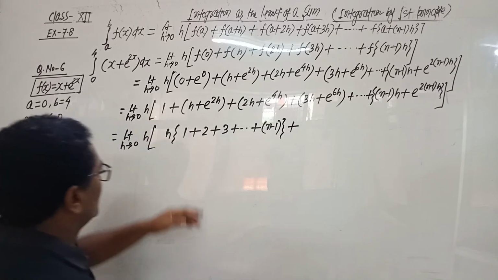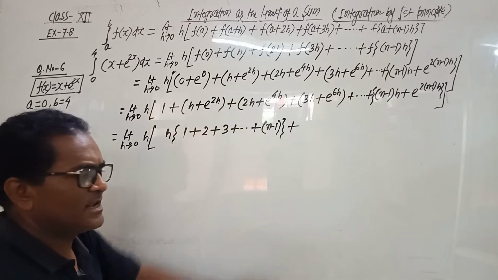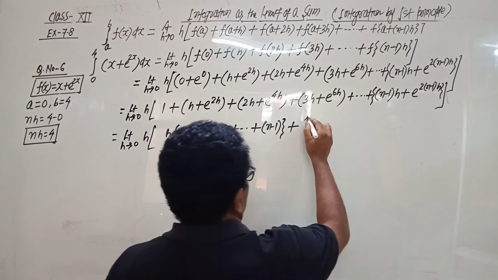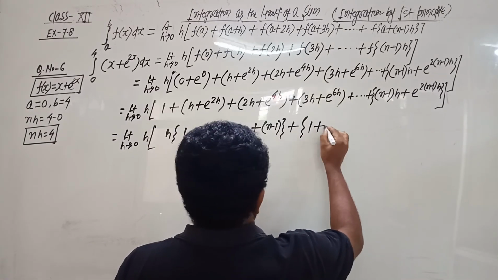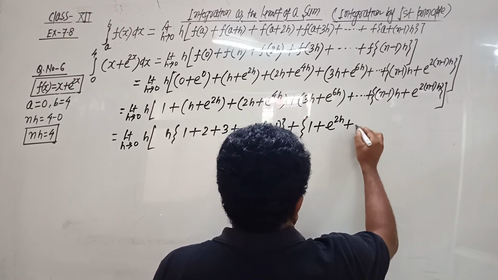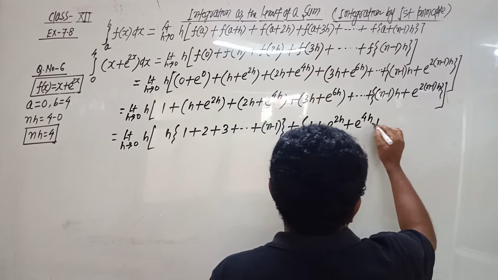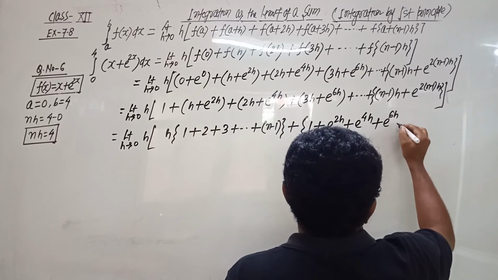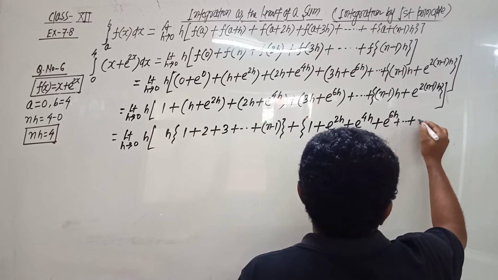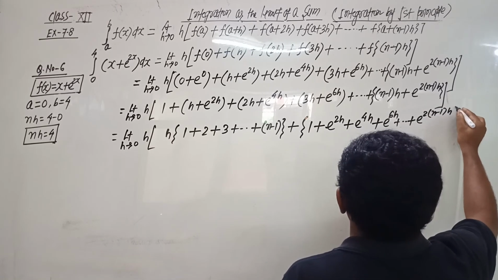Then 1 plus e raised to the power 2h plus e raised to the power 4h is written separately: 1 plus e raised to the power 2h plus e raised to the power 4h plus e raised to the power 6h plus ... e raised to the power 2 into (n minus 1).